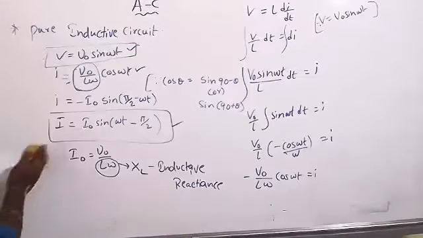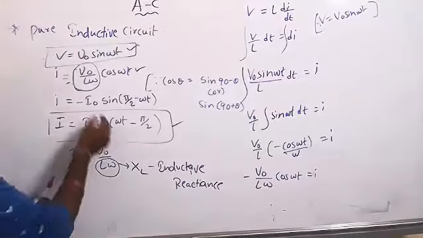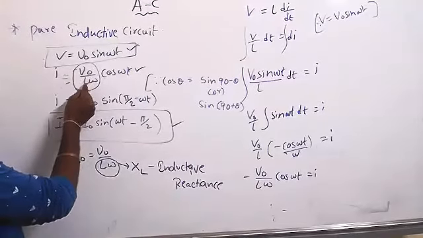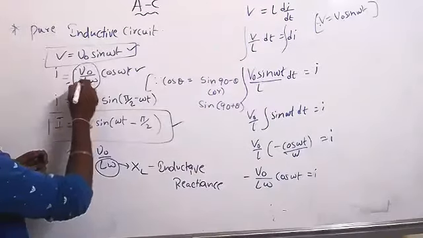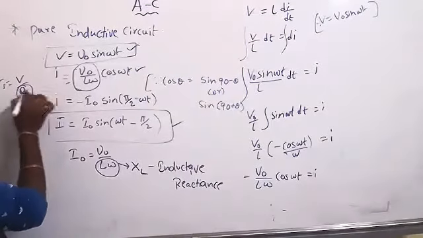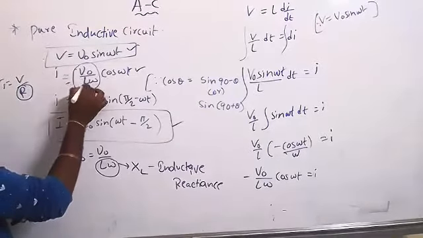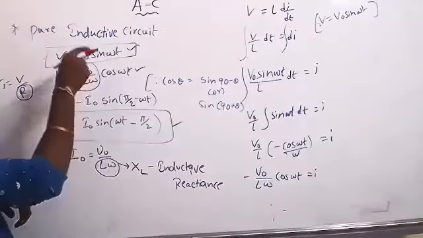Sir, can you repeat that inductive resistance? I couldn't hear. Yeah, see, here V naught by L omega. That means actually I is equal to V by R. R is the resistance in the resistor. R plus what is there? L omega, in the inductor.